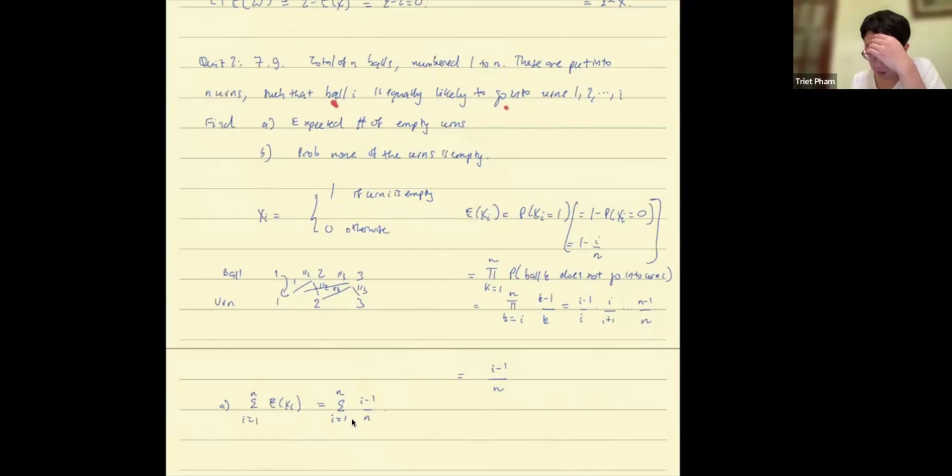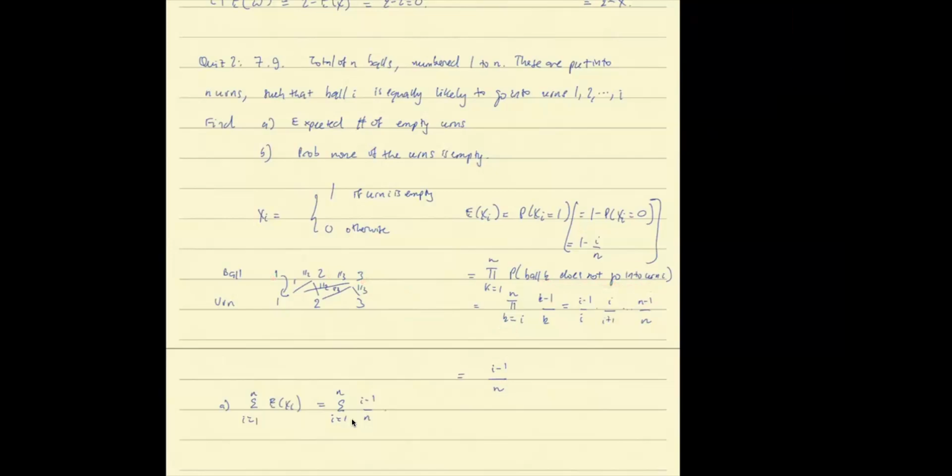Because here, ball K can only go to urns 1 to K. So if you're at urn 4, for example, then balls 1, 2, 3 will completely miss urn 4. So if K is less than I, ball K will not have a chance to go into urn I. So it's guaranteed. You don't need to multiply it. Okay, thank you.